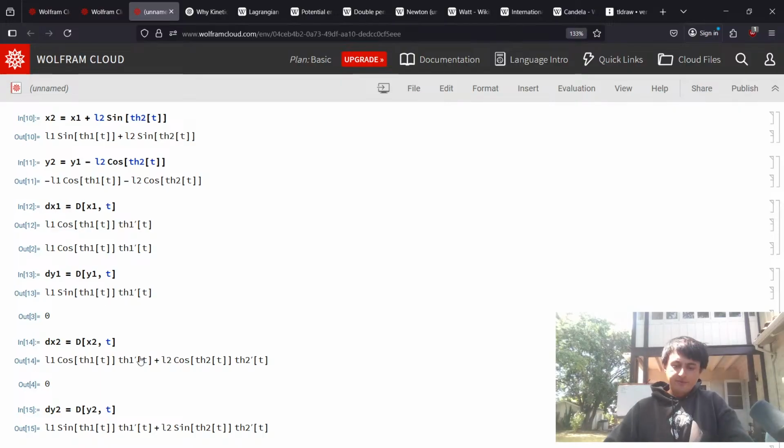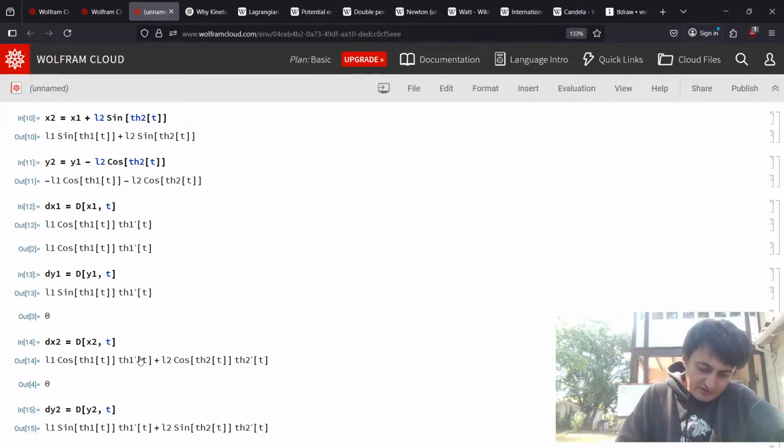Okay, so now what we want to know is the kinetic energy. The kinetic energy of m1 is 1/2 m1 v1 squared, where v1 squared is going to be equal to x1 dot squared plus y1 dot squared, right?